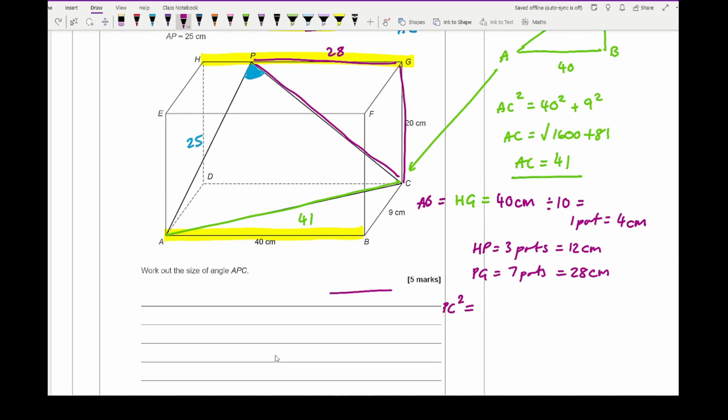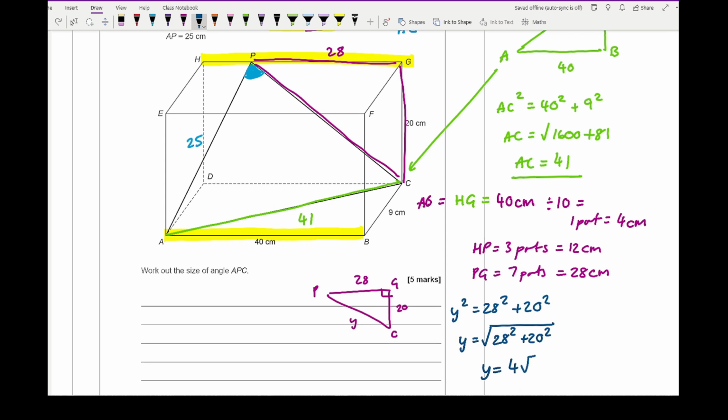So this triangle here, that's 28, this is 20, and this is PC, and that's G. So if I call this Y, we know that Y squared equals 28 squared plus 20 squared. So Y is going to equal the square root of 28 squared plus 20 squared. And if I type that all into my calculator, I get an answer of 4 root 74. Now I'm going to use the exact values because really I should only be rounding my final answer.